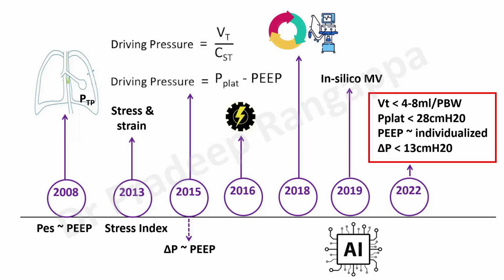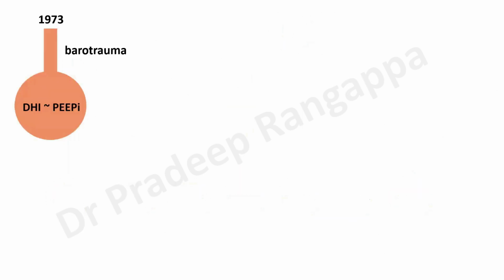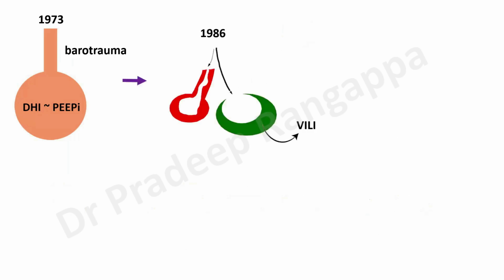So this is the timeline of how the ventilatory concepts have evolved over the last 20 to 30 years. Looking at all these injuries, in 1973, as I initially elucidated, barotrauma was given more emphasis, saying the pressures are more harmful. Then in 1986, the move was that it is volume which is causing more problems, so volutrauma was emphasized.